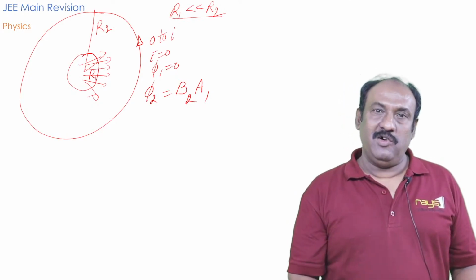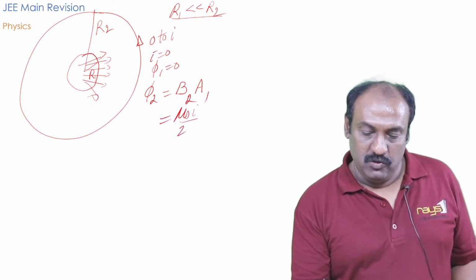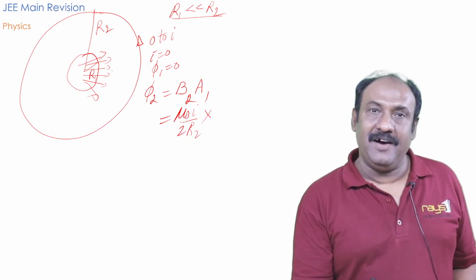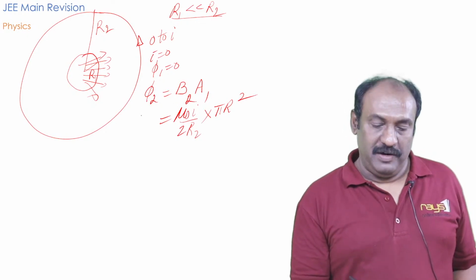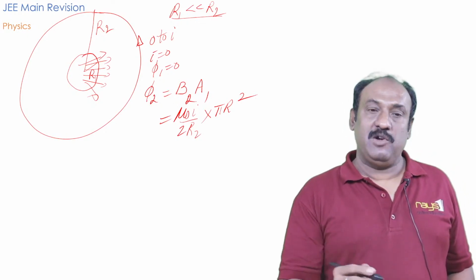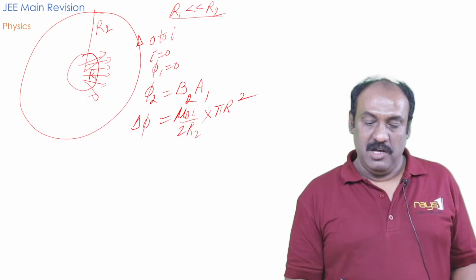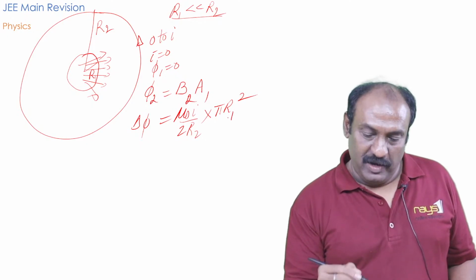Then only you can write B2 as mu naught into I by 2 R2, into A1. What is the area of the inner coil? It is pi R1 square. So when current changes from 0 to I, the change in flux is phi 2 minus phi 1, equal to mu naught I by 2 R2 into pi R1 square.